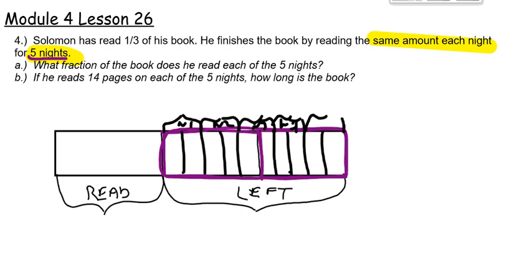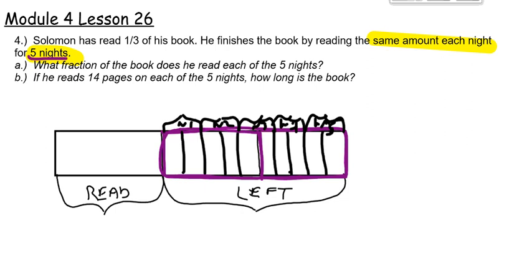And 2 more would be night 5. I could draw that a little bit better than that, but I hope you get the idea. There's 5 nights. What fraction of the book does he read each of the 5 nights?